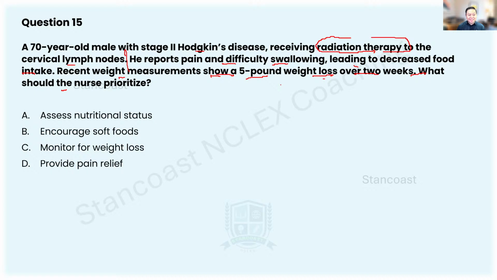Is it assessing nutritional status? Is it encouraging soft foods? Monitor for weight loss, providing pain relief. And the scenario also mentioned pain and difficulty swallowing. So what can help address the difficulty and the pain in swallowing?